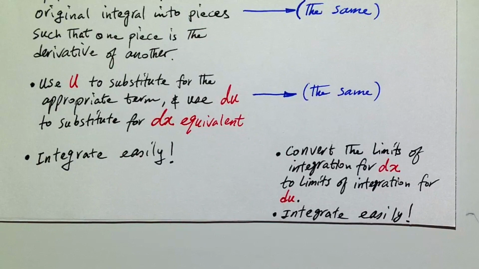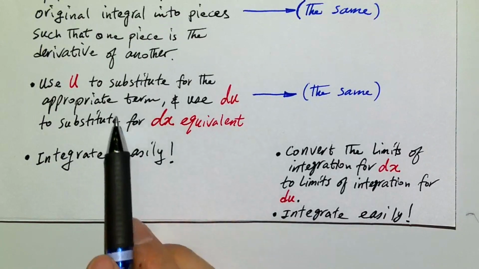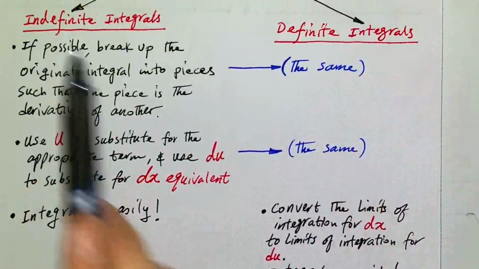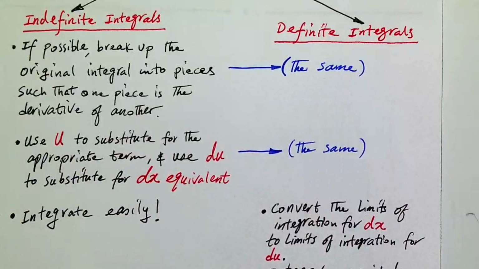You can usually substitute du for that whole equivalent of dx. That's usually what you'll have to do, but sometimes direct substitution of dx with du can happen. And that step is the same whether we're integrating an indefinite integral or a definite integral.